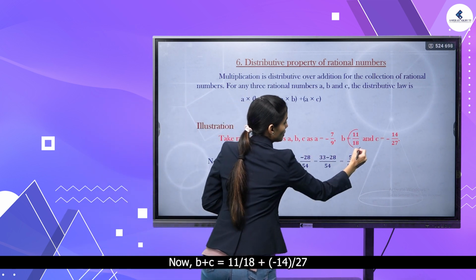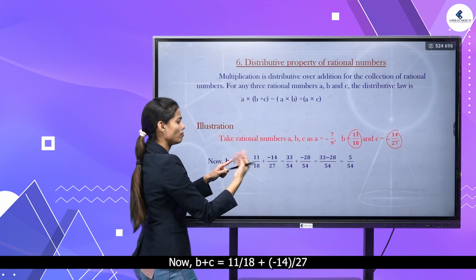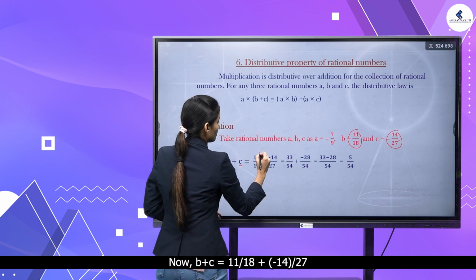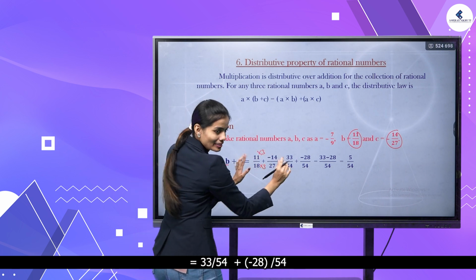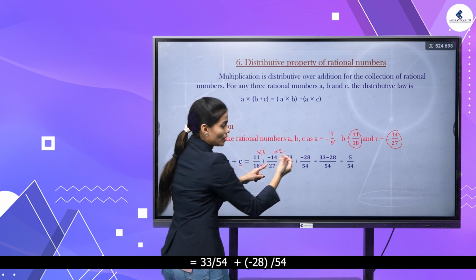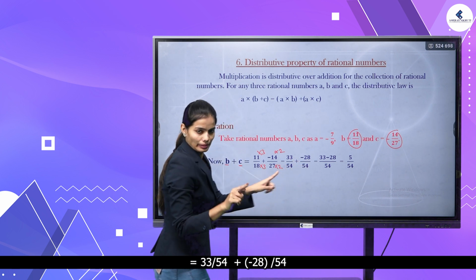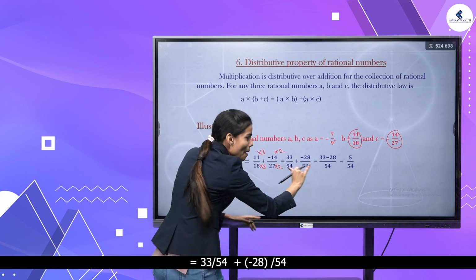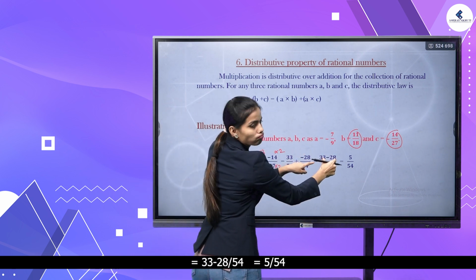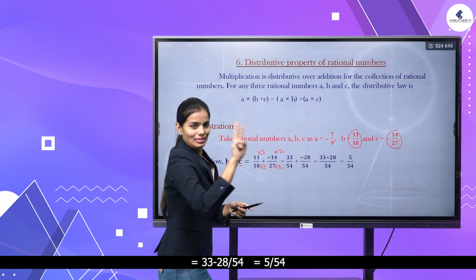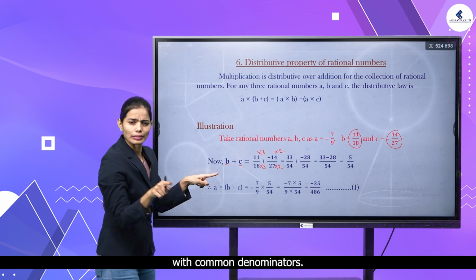Now, b plus c is equal to 11 by 18 plus minus 14 by 27 is equal to 33 by 54 plus minus 28 by 54, which is equal to 33 minus 28 by 54 is equal to 5 by 54. Equivalent rational numbers with common denominators.